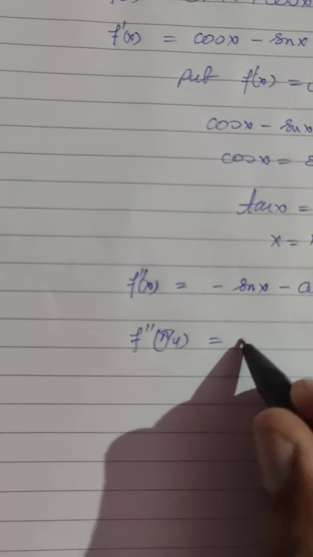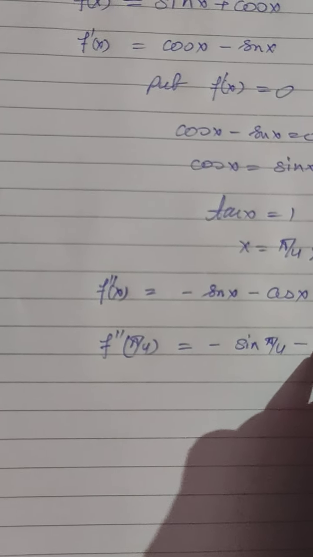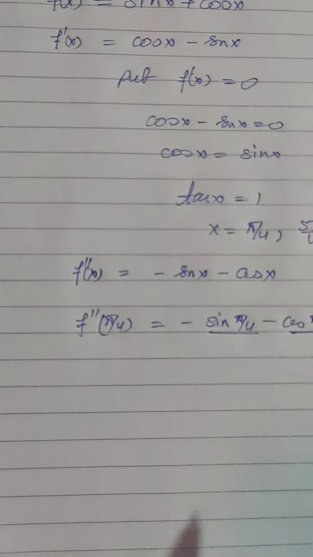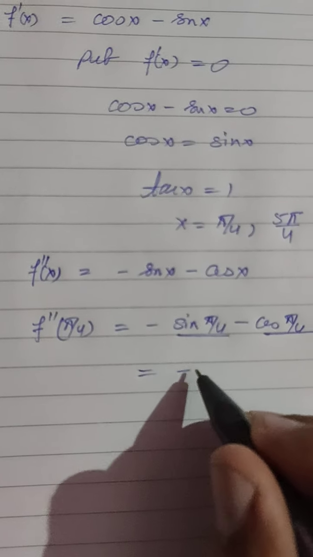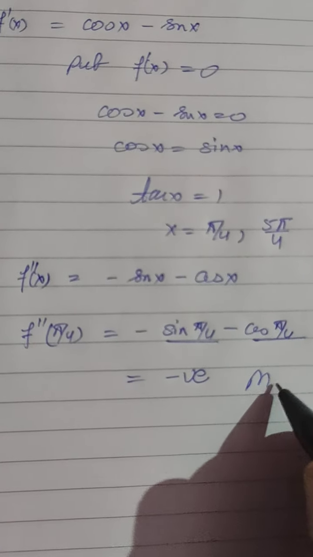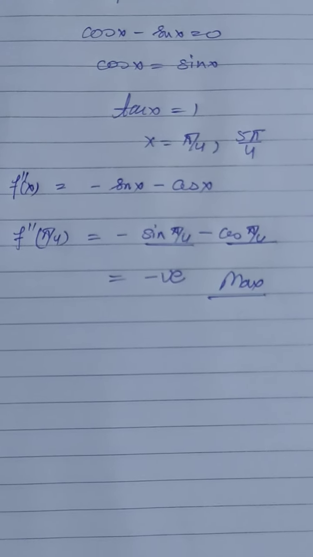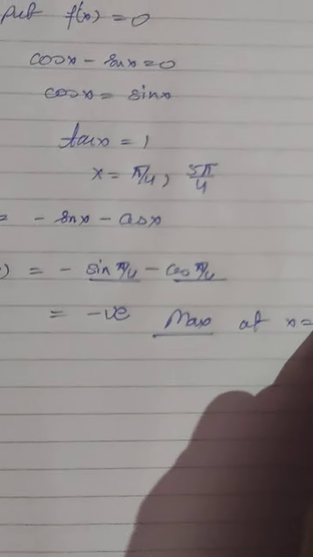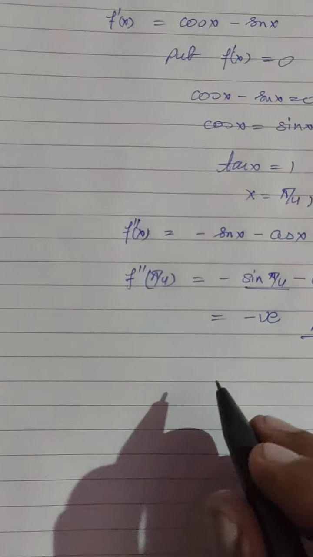It gives us minus sin pi by 4 minus cos pi by 4. Sin pi by 4 and cos pi by 4 both are positive. Positive into negative will be negative. Negative means function will be maximum. Function will be maximum at x equals pi by 4.